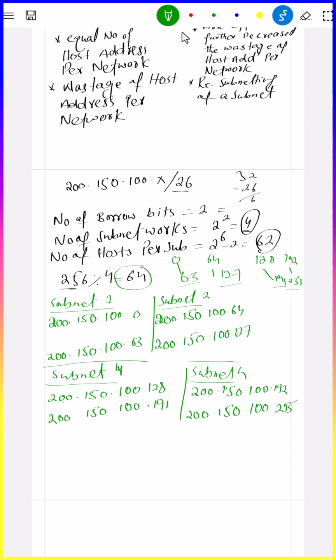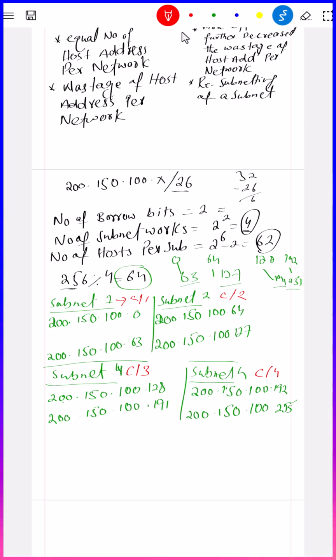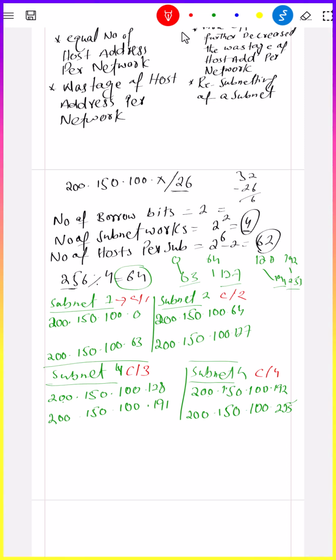Okay, so now this subnet 1 will be given to customer 1, C1. This will be given to customer 2. This will be given to customer 3 and customer 4. Okay, these are the subnetworks for each customer.